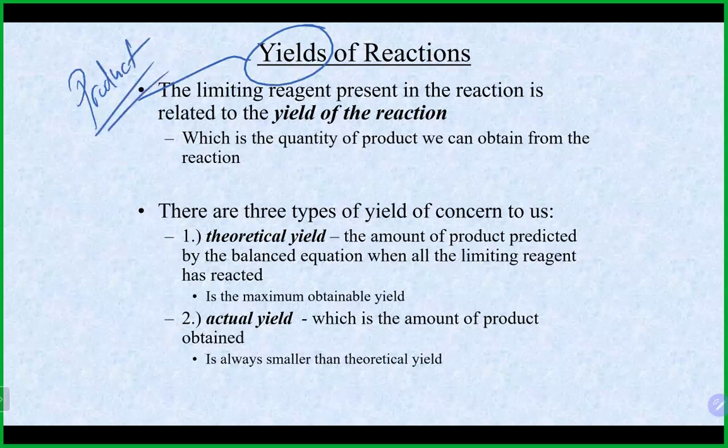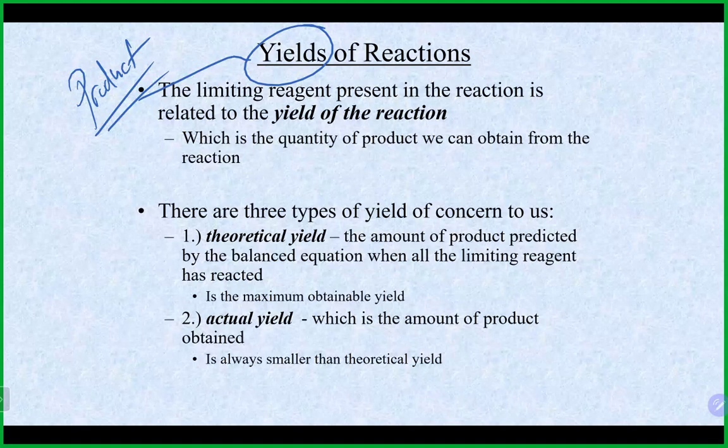The theoretical yield is the maximum amount of yield that you should get in a reaction. It is based off of the equation and how much you're starting with, really, of the limiting reagent. And if everything went perfect, no side reactions, you didn't drop anything, nothing got stuck in a beaker, that is the maximum amount of product that you should actually produce in a reaction.